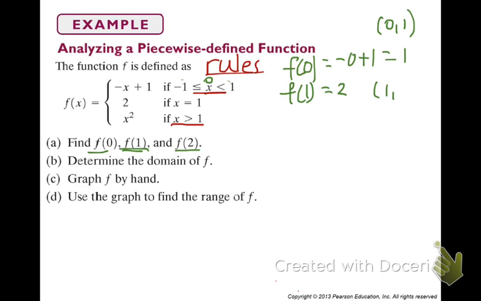Your input of 1 and your output of 2. And our last one, our f of 2. Which rule are you going to use? The x squared, right? Because that's greater than 1. Very good. So 2 squared, 4. So 2 gave us a 4.